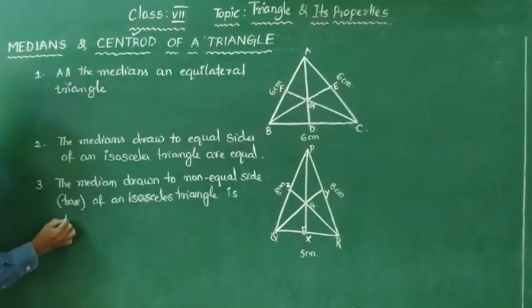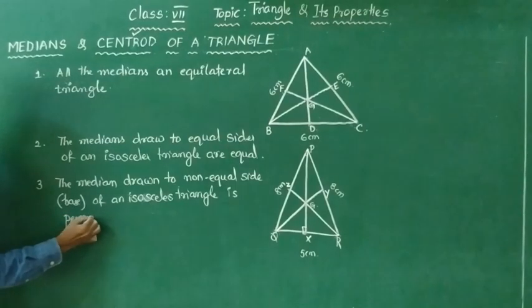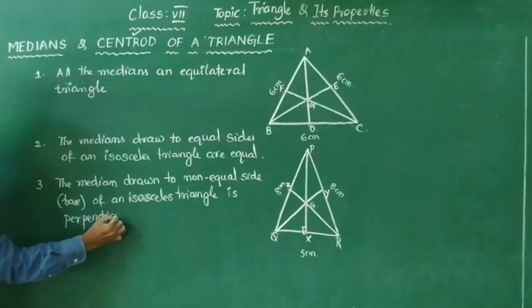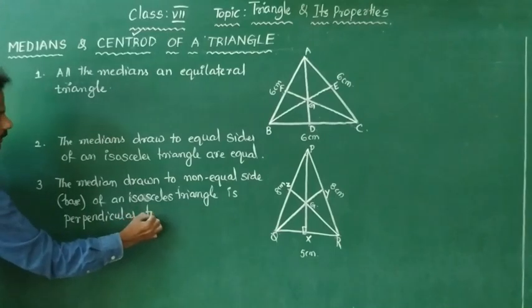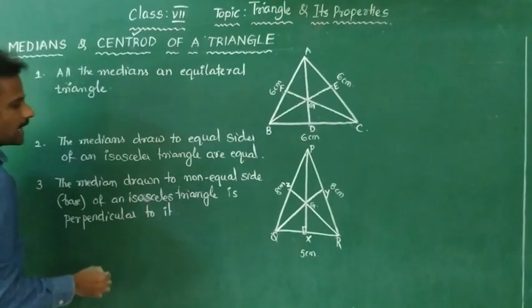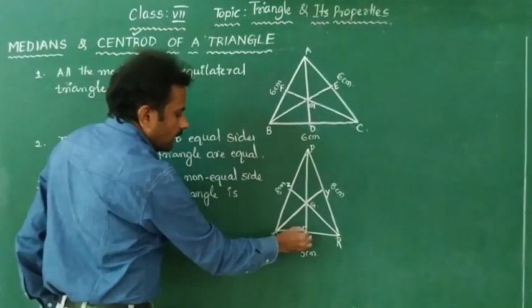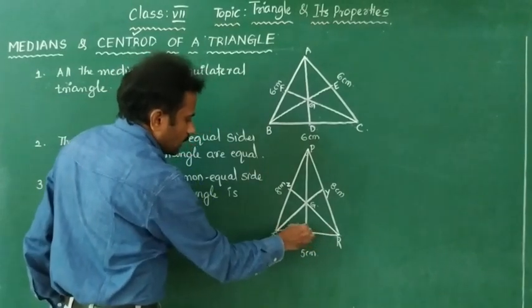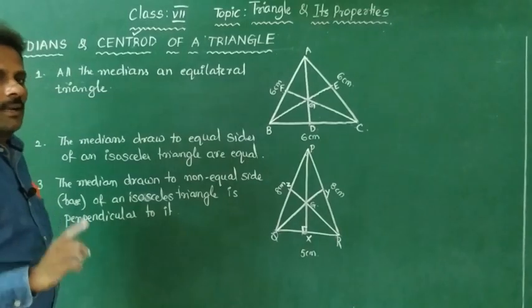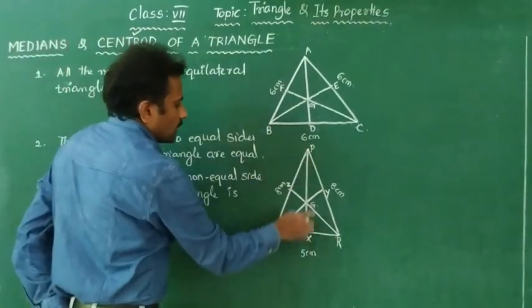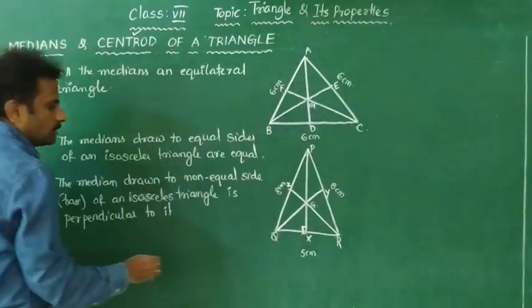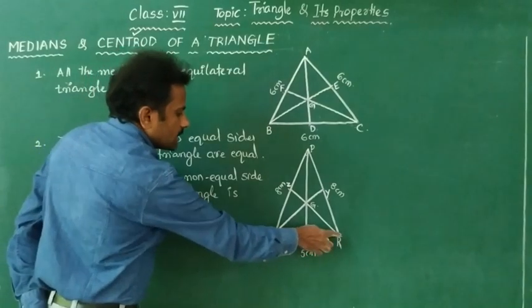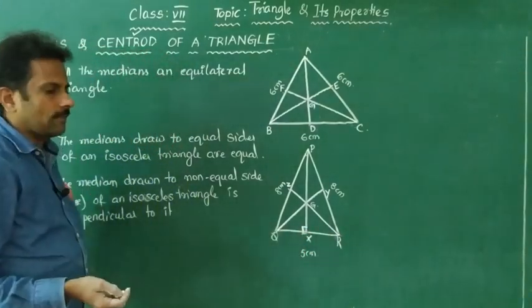What is the meaning of perpendicular? Making a 90 degrees angle. That means the angle between the median and the base, the non-equal side, is always 90 degrees. Not only that, it bisects also, children. Bisects means again QX and RX will be equal.